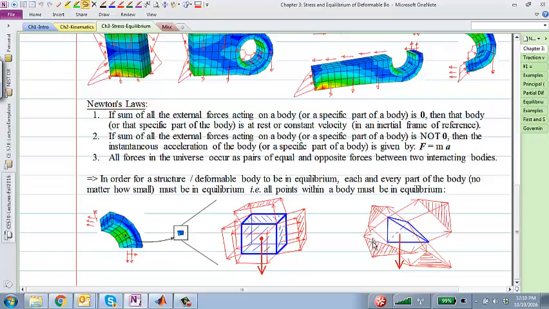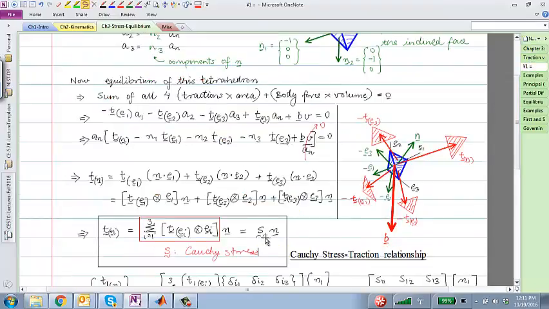Draw a small neighborhood of that point and consider some plane passing through that point inside that body. If that plane has a normal vector n, then the traction on that face is given by the Cauchy stress tensor S acting on that normal, right?